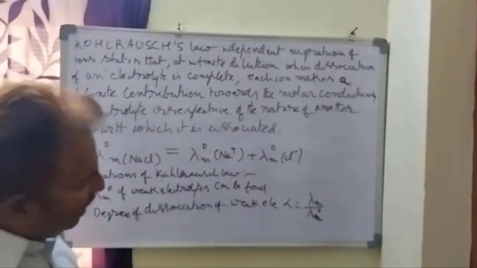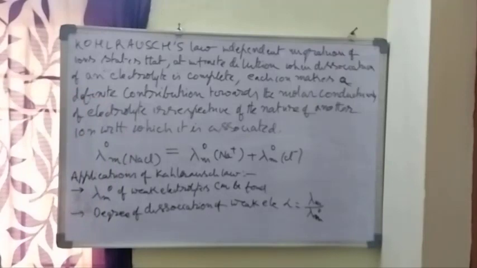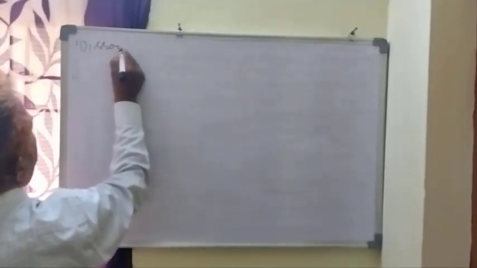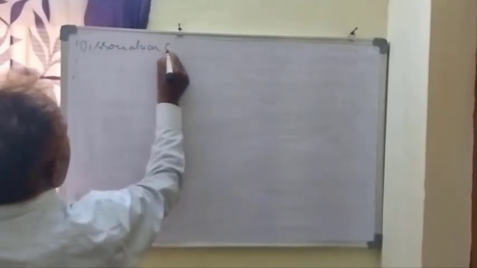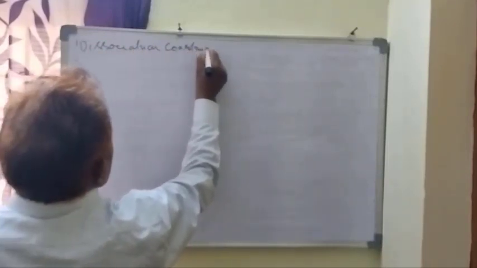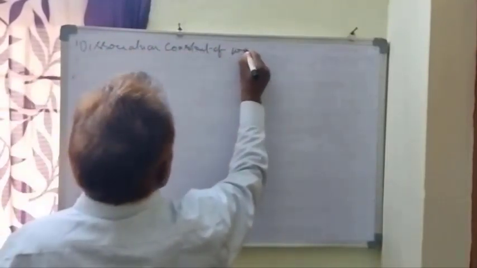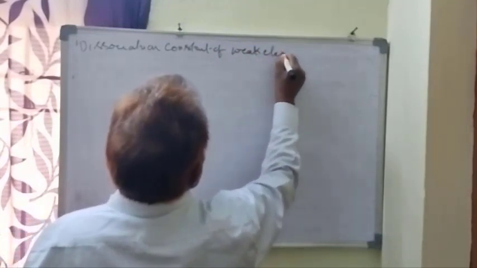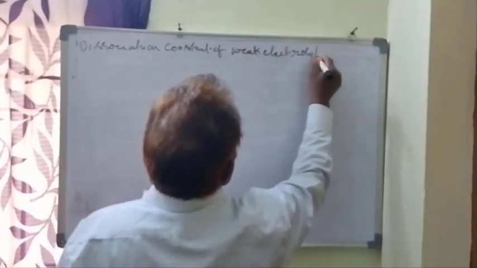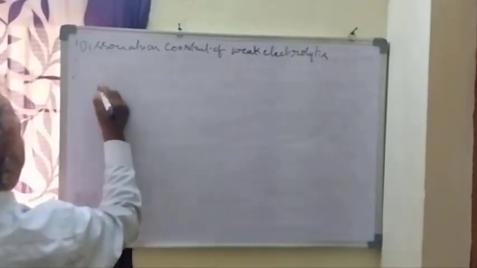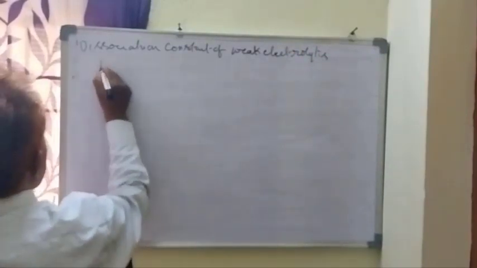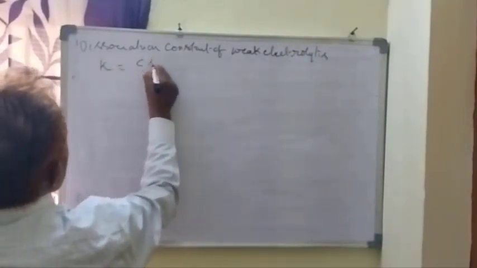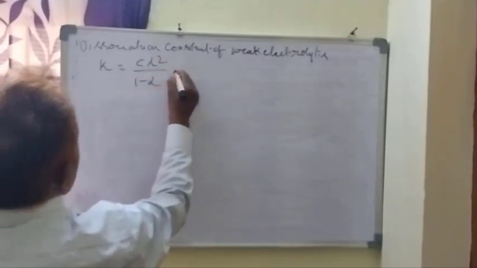If we find the degree of dissociation, we can find the dissociation constant also. Dissociation constant of weak electrolytes can be found. Therefore, K equal to C alpha square by 1 minus alpha.